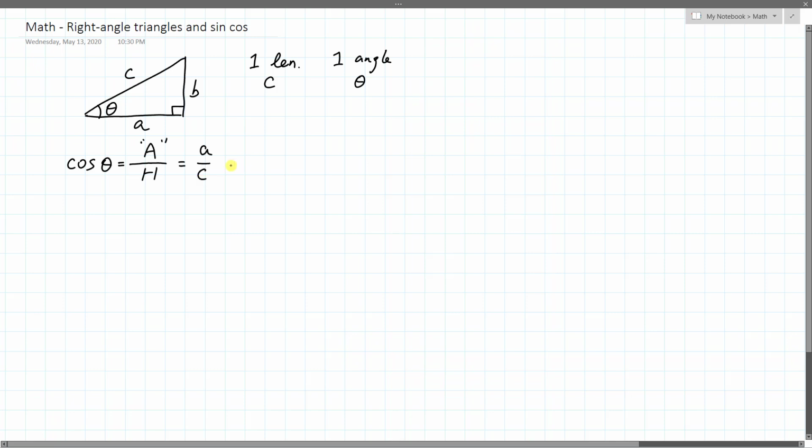And if we multiply both sides with a C, then this side will only have A, and the other side will have a C multiplied to this cosine.